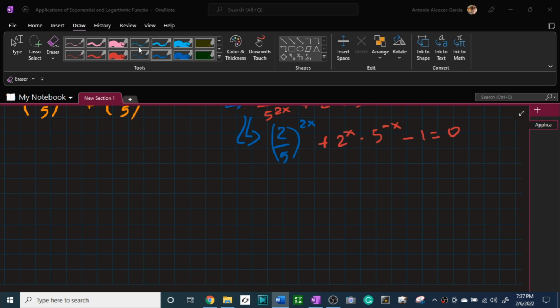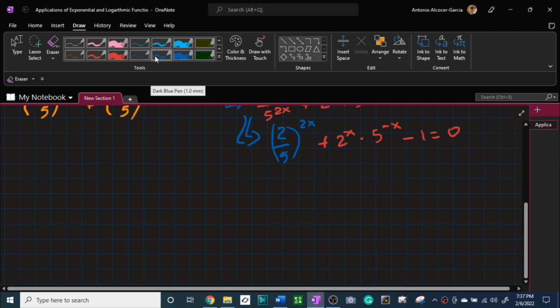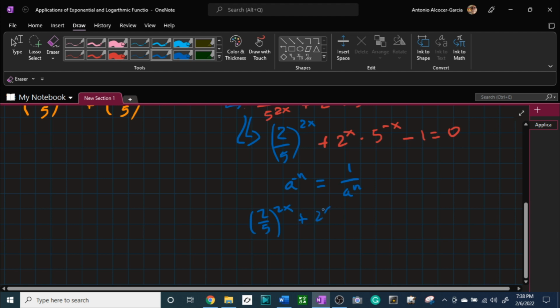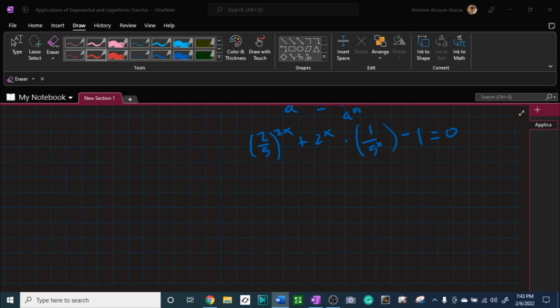Express with a positive exponent. Using calculate product.